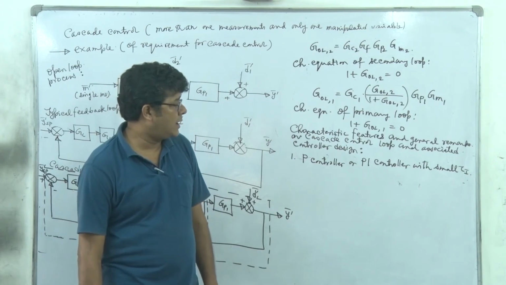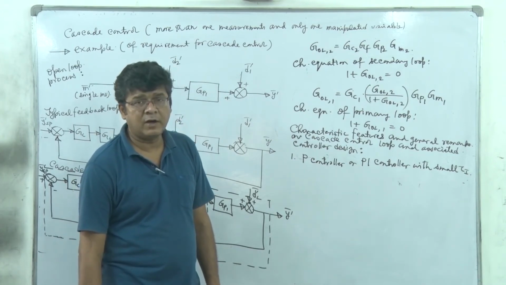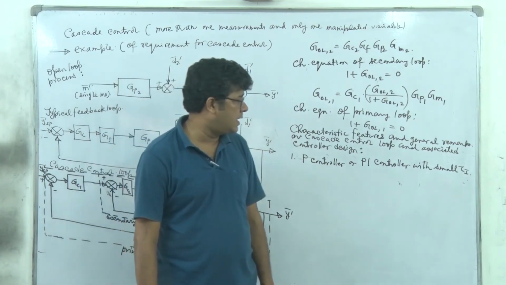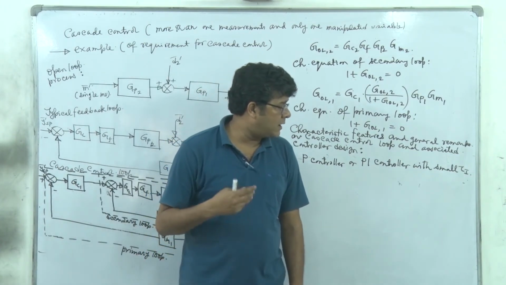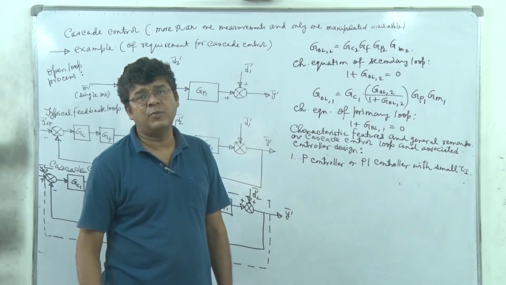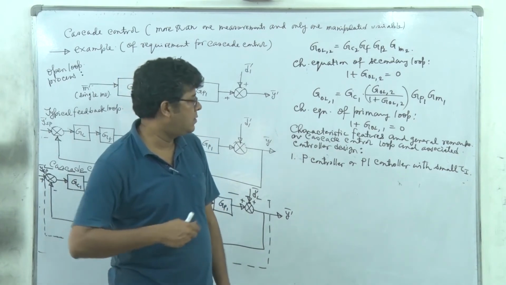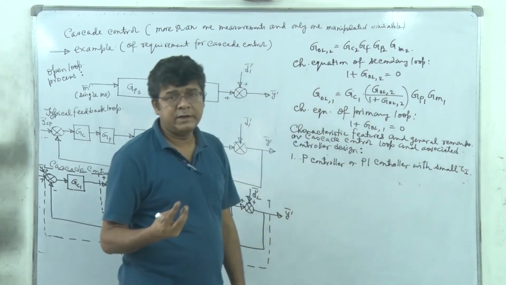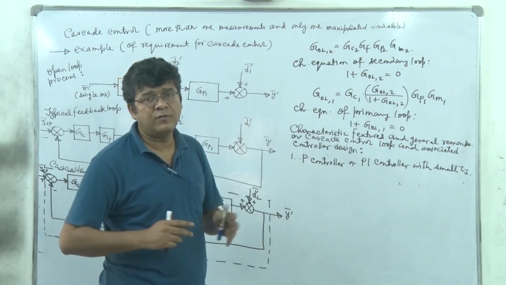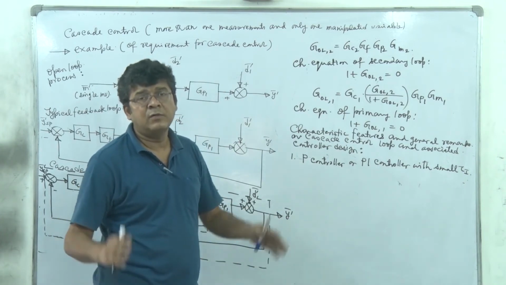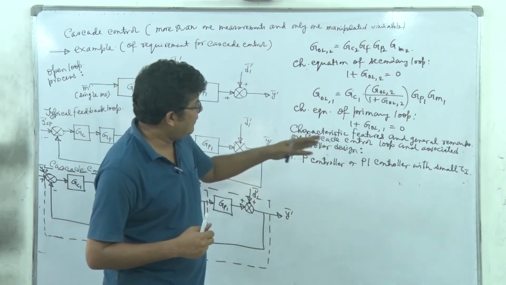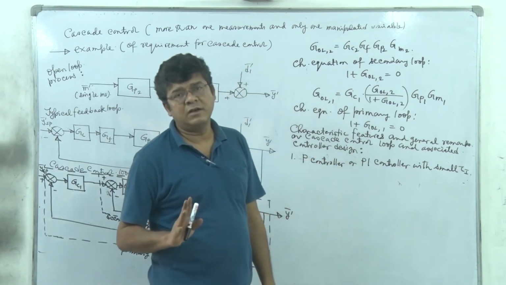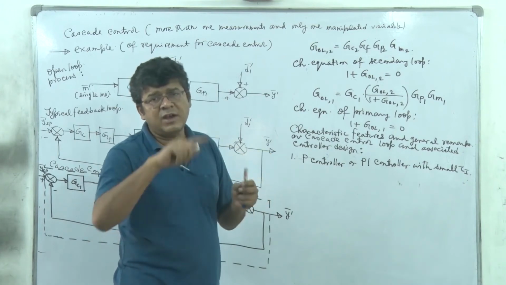Okay? The tau I has got a physical significance which has been probably covered in this module. The significance of tau I is that it's actually the time interval over which the initial proportional action is being repeated. Okay? So P or PI controller, so that's why if I reduce this tau I, we are making the controller actions much faster than a conventional PI controller with standard tau I value. So even the most optimal, recommended controller for the secondary one is the P controller, where once you have the error, immediately the output will be generated.